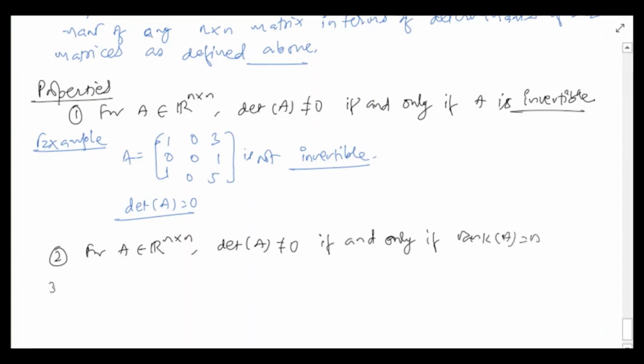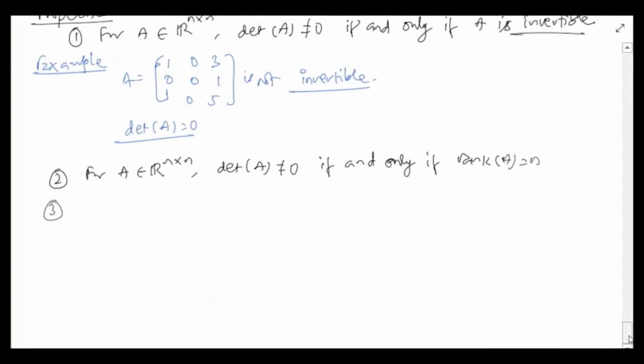We will see now the third property, but before we see the third property we need a few definitions, and these are definitions of so-called upper triangular and lower triangular matrices. So let's see what these are. Lower triangular matrices.